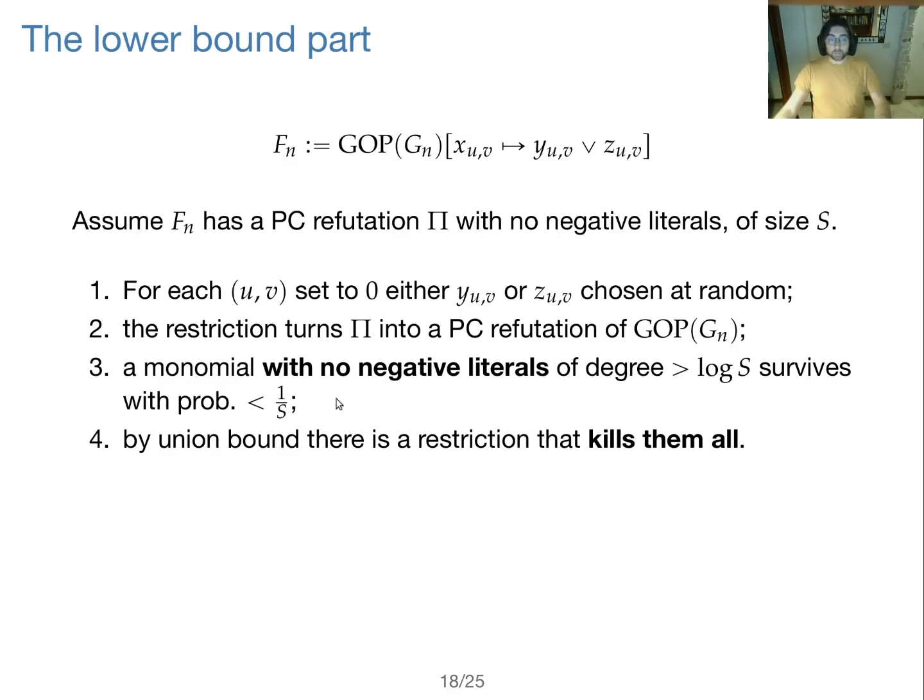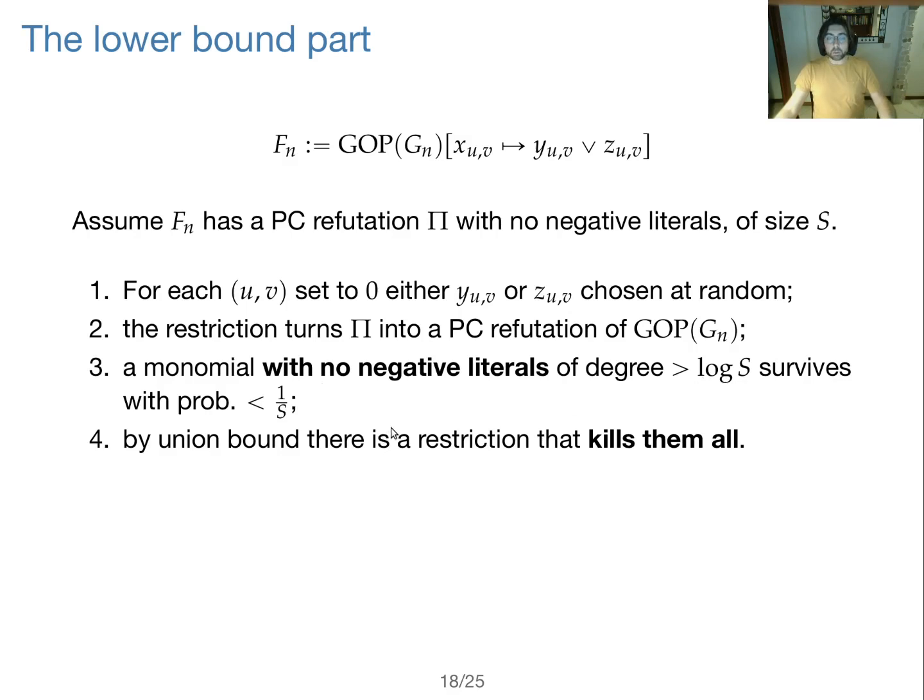But simultaneously, every monomial that has no negative literals and has degree larger than log s will not be fixed to 0 only with probability strictly less than 1 over s. Like strictly less than 1 over 2 to the log of s. So 1 over s. It means that the restriction with non-zero probability will fix the whole monomials that have degree larger than log s to 0.